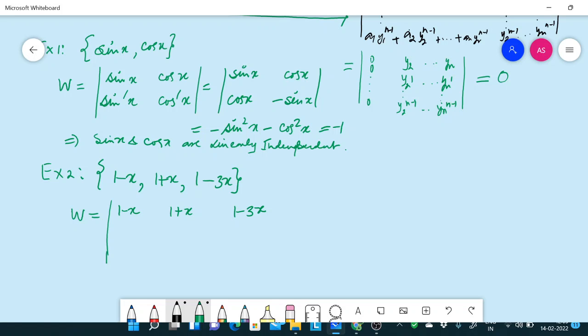The first derivatives will be minus 1, 1, minus 3. The second derivatives will be 0, 0, 0. So you know that this is equal to 0. It means that the given functions are linearly dependent.